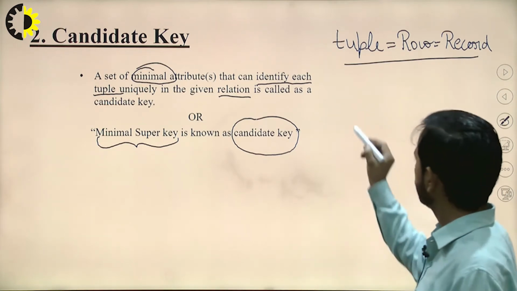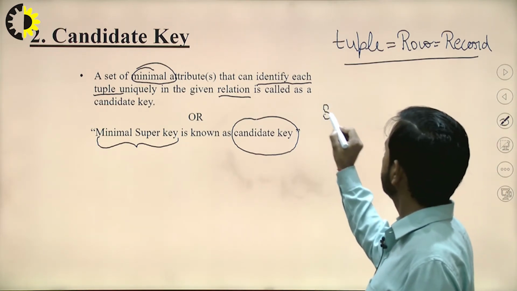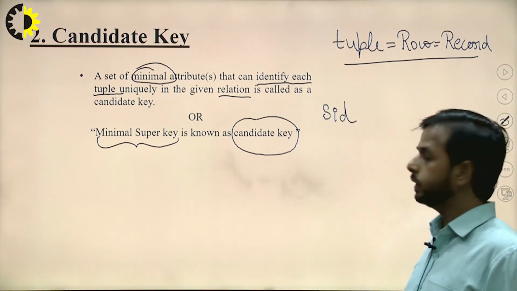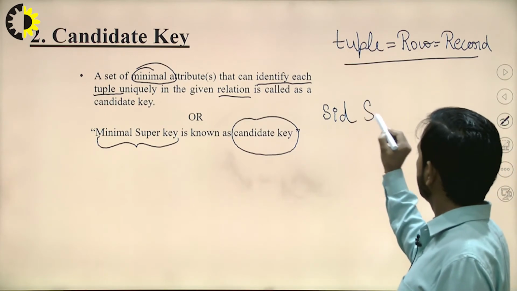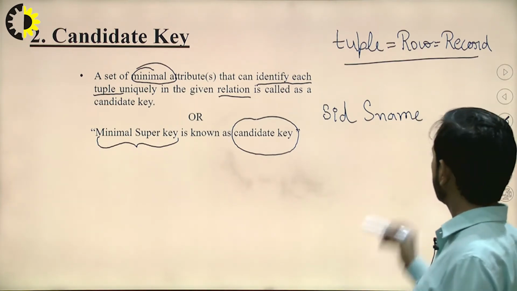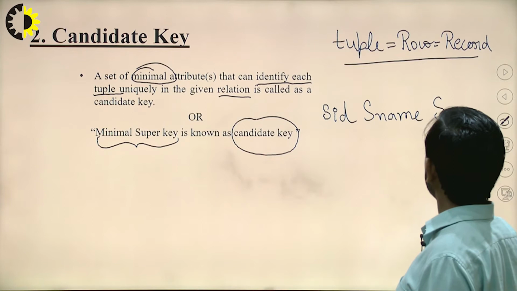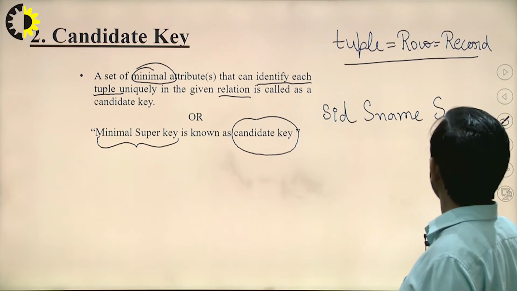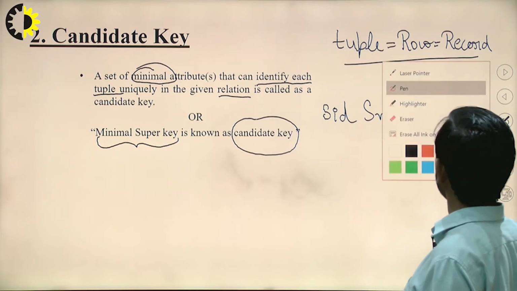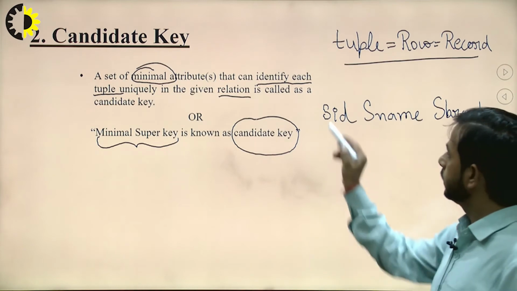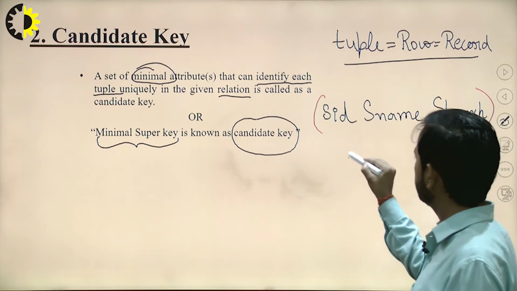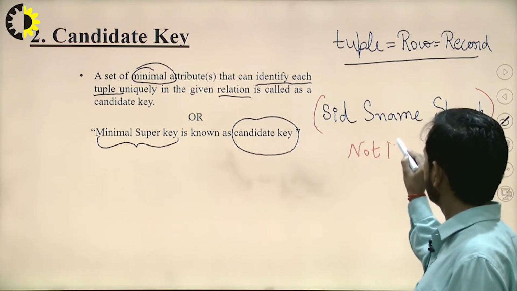Suppose student ID is able to identify all the records, and student name and student ID also identify all the records, and student ID, name and branch, all three, identify all the records, but these sets of attributes are not minimal.